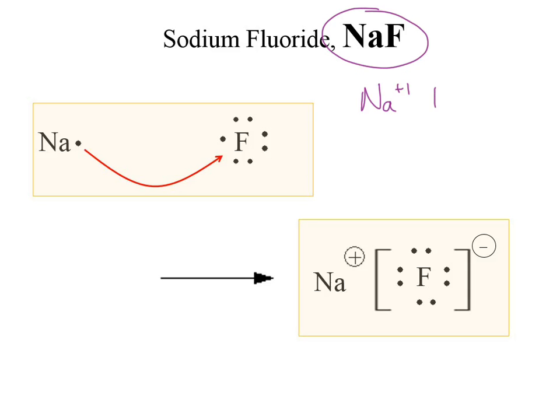Fluorine, because it's 7A, is going to form a -1 charge. Sometimes I tell students you can check for neutrality this way. I have 1 sodium, it forms a +1 charge. I have 1 fluorine atom, it forms a -1 charge. I'm not real handy without a calculator, but I think I got that one. It's neutral, that's all I mean, okay?